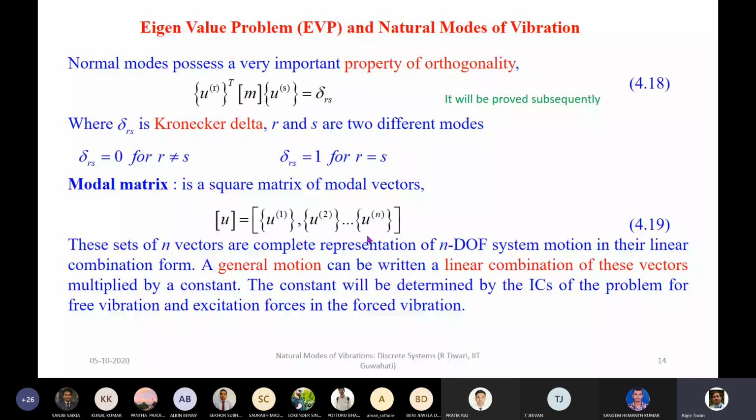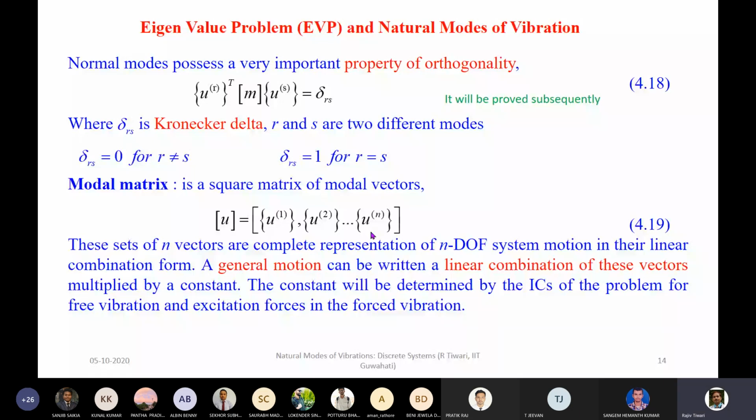When we add up all those harmonic cos and sine terms, we get the total periodic function. In a similar way, in vibrations, if we multiply these eigenvectors with some constants and add up, we can get any general motion. Those constants will depend upon what kind of initial condition we give to the system.